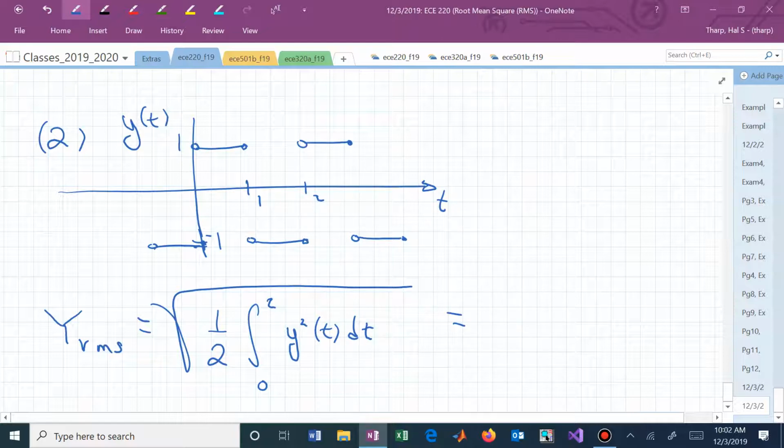But now what happens to y when we square it? The negatives flip up. We've now converted everything to just a value of 1. We now have the square root of 1 over 2, 0 to 2 of 1 dt.